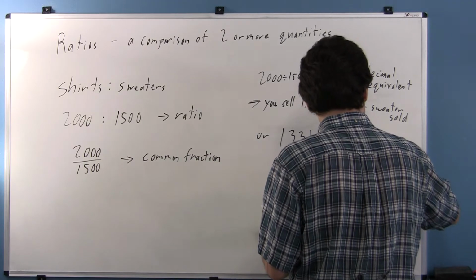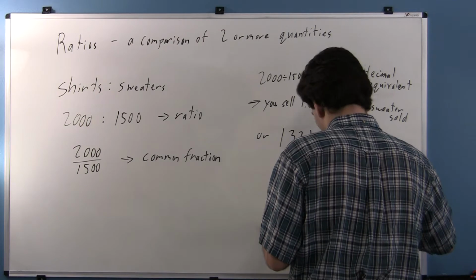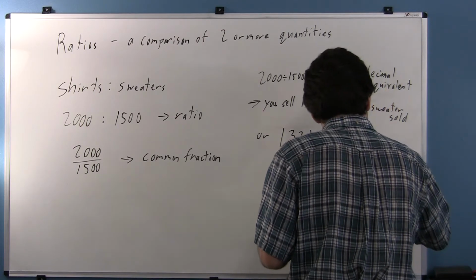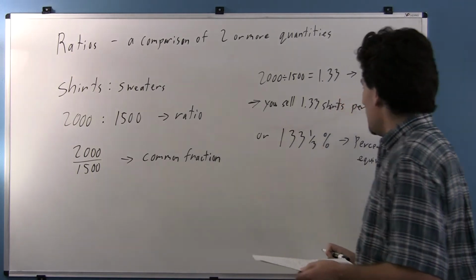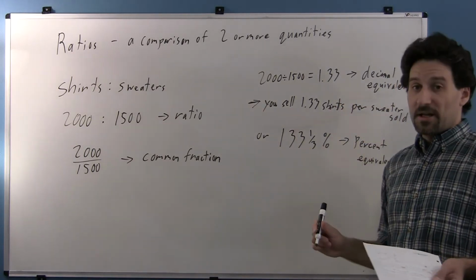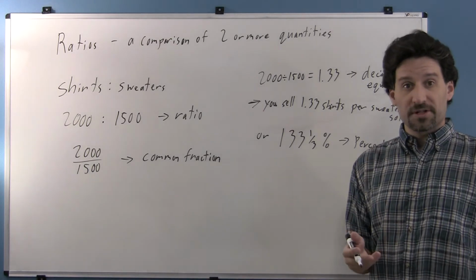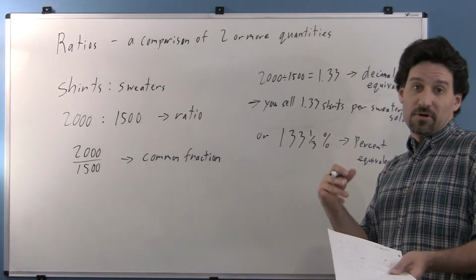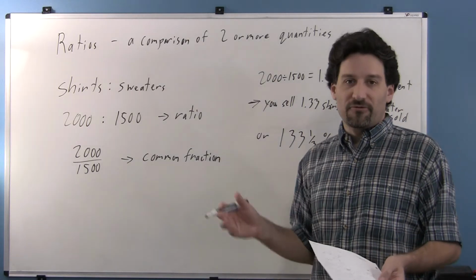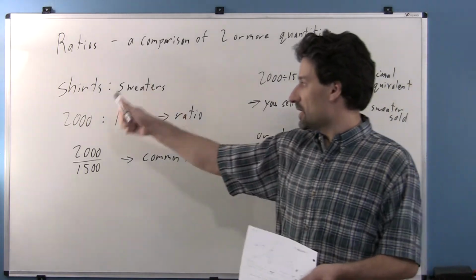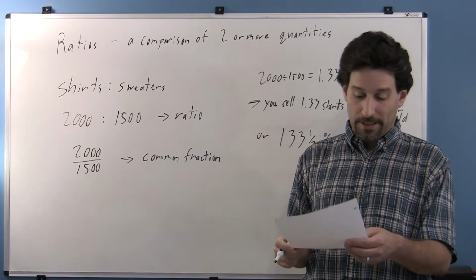So a percent equivalent, and again, you sell 133 and a third percent the number of shirts as you sell the number of sweaters. So these are all different formats you could see a ratio in. Normally we'll see them in the standard ratio form, and we'll definitely use the common fraction form quite a bit.